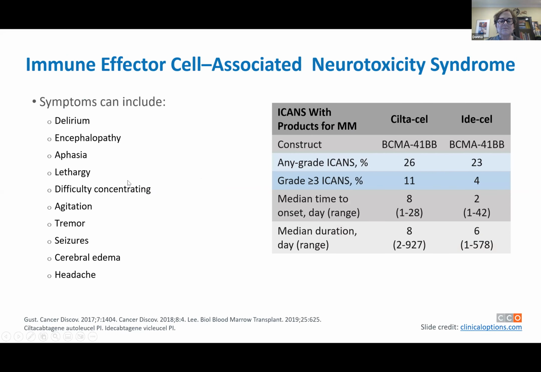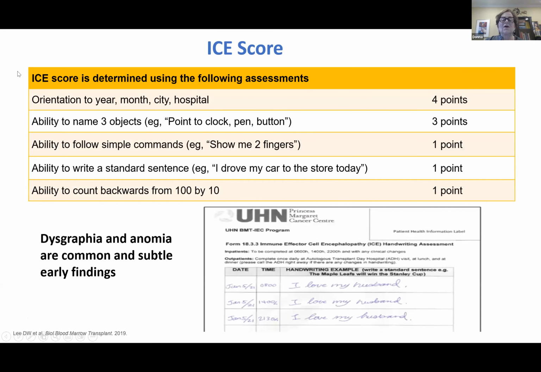Now, these are the classic symptoms that range from a little bit of confusion to seizures, and even being almost comatose. Again, the risk of severe is quite low. It occurs later, and it can last a few days. All centers have rigid scoring for assessing this and picking this up early.